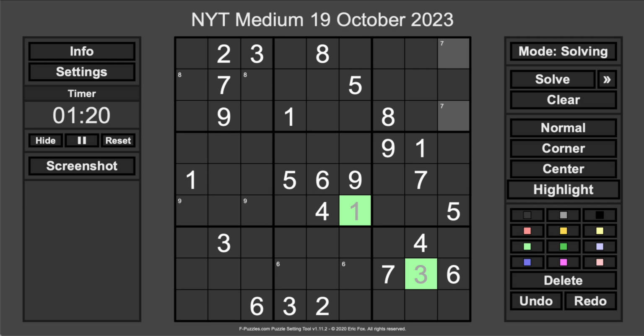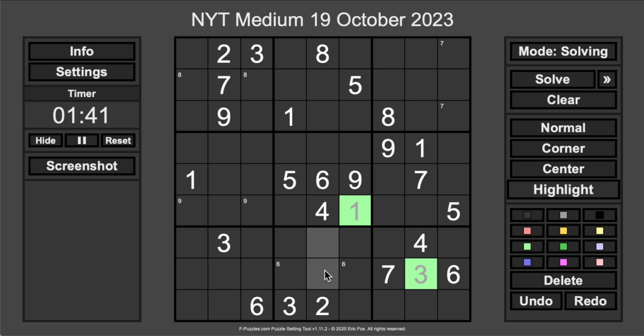8, 9, 1, 5, 4, 3, 6. So that's all I get from the right columns, the central columns. One, two, three, four. There's one of each, as is 6 and 9. I do have two 5s there and there.